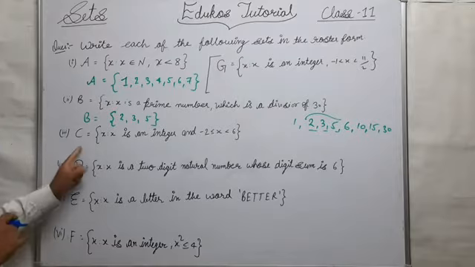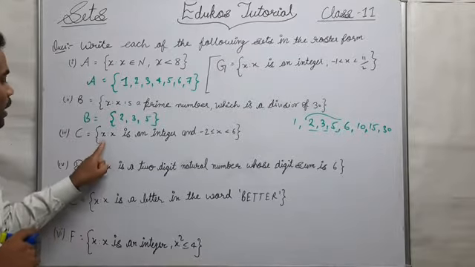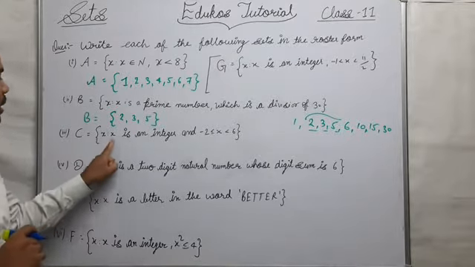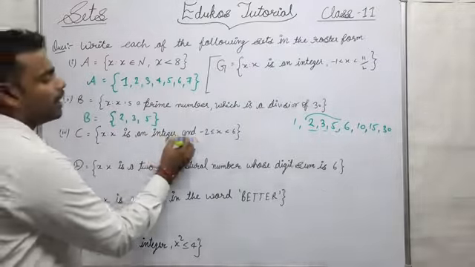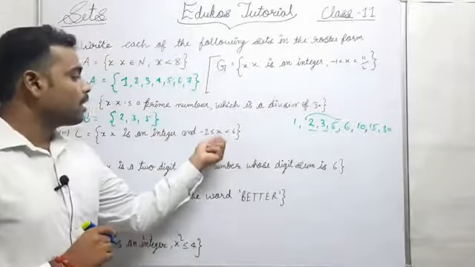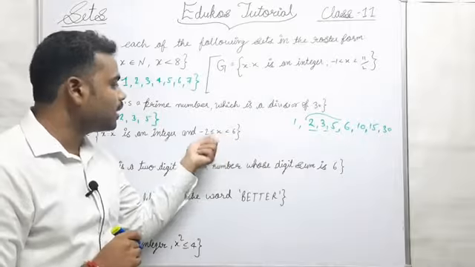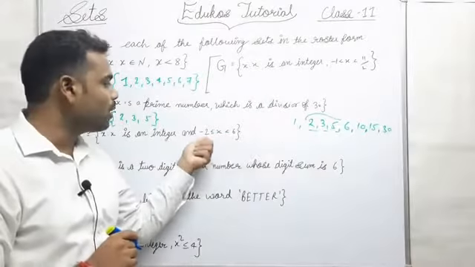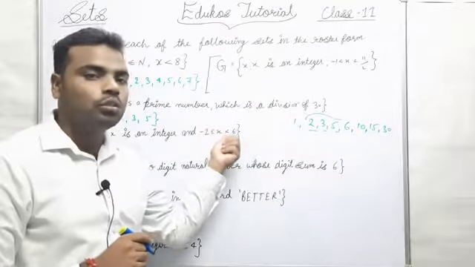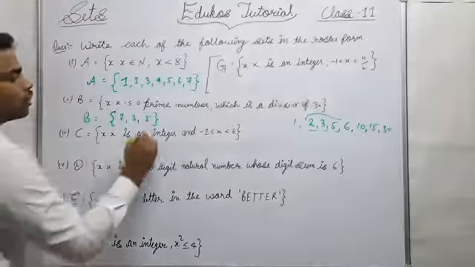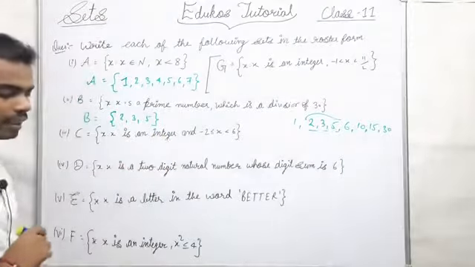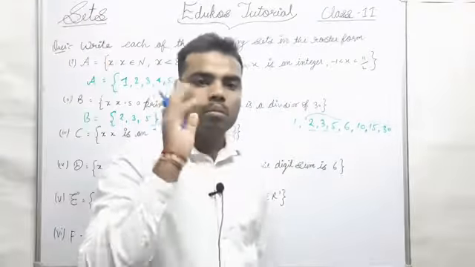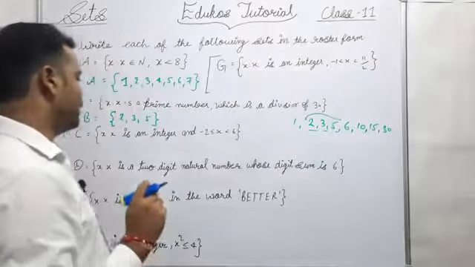Now the third one is C, a set of x such that x is an integer and x is greater than or equal to -2 and less than 6. Okay, so integers are the numbers from -infinity to +infinity.